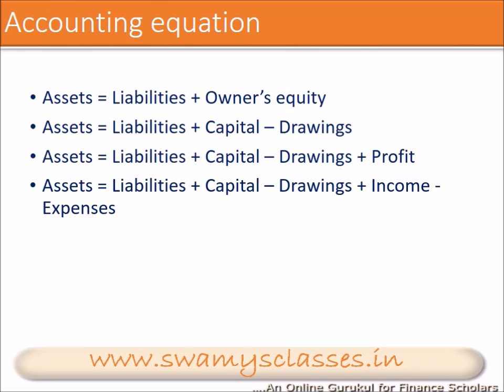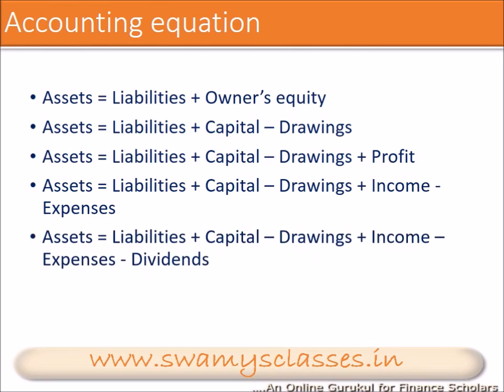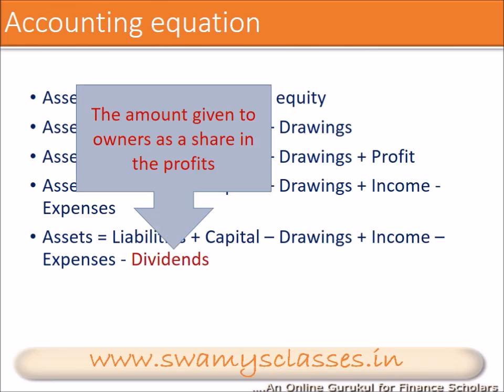Now, having got the profit, what are we going to do? Let me develop this now. Assets equals liabilities plus capital minus drawings plus income minus expense minus dividends. So what do you mean by the term dividends?